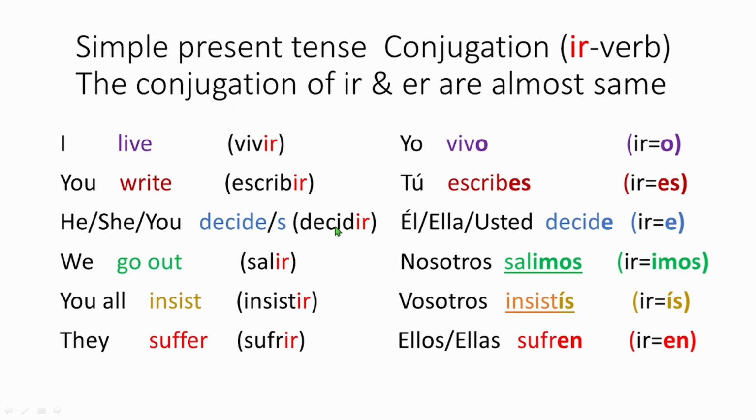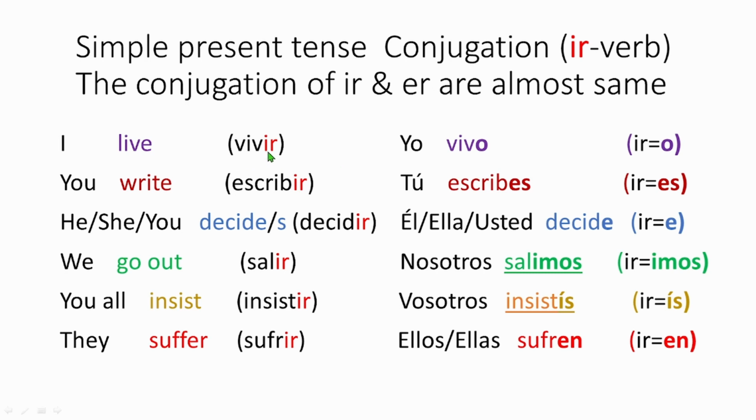Okay, this is a list of IR verbs. So, I live. Live is vivir in Spanish, so you say yo vivo. Yo vivo. If you say I live in America, yo vivo en América. Okay, easy. This is the rule for how we made it, right?